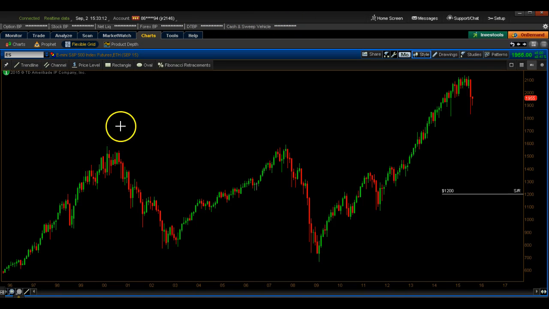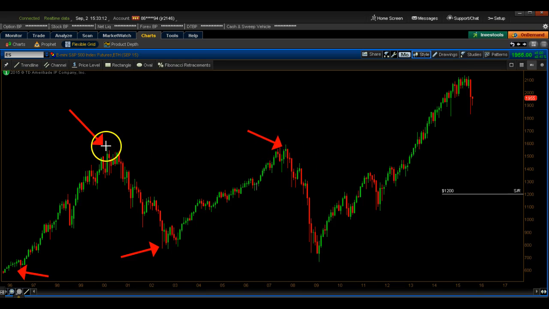So we could say, here's a low, here's a high, here's a higher low than this low, here's a lower high, okay, or about the same, but I believe it's a little lower. This high right here is actually lower than this high, okay?